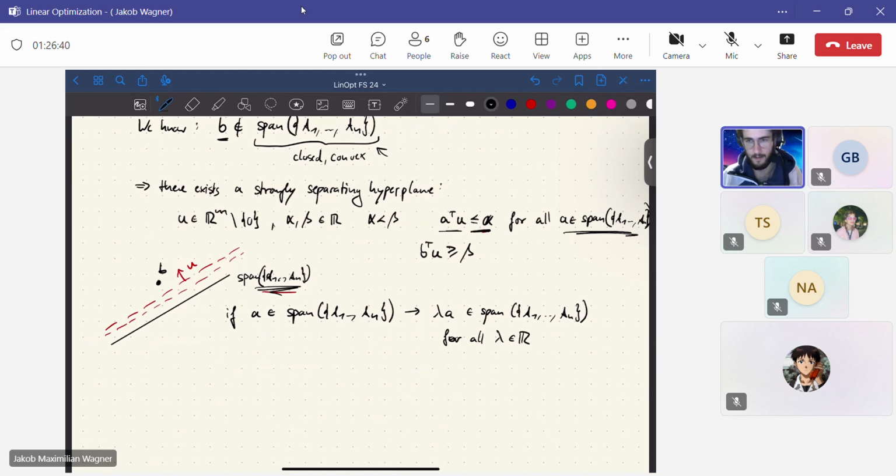This means that we actually have to here an equal to 0 because all other conditions would lead to contradictions by multiplying this with very large constants. So we get here that actually a transpose u is equal to 0 for all a in this span.